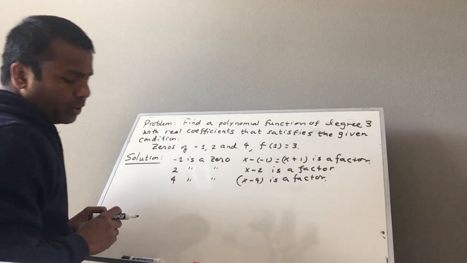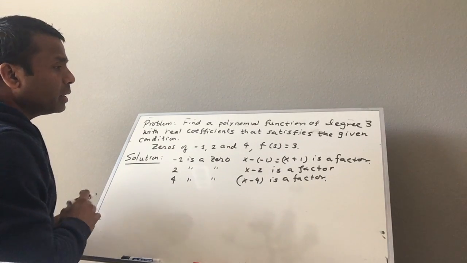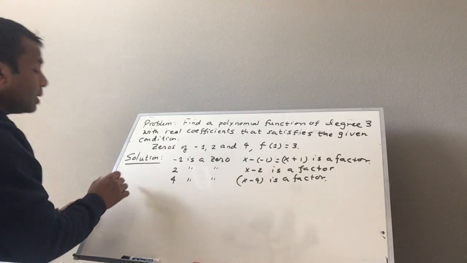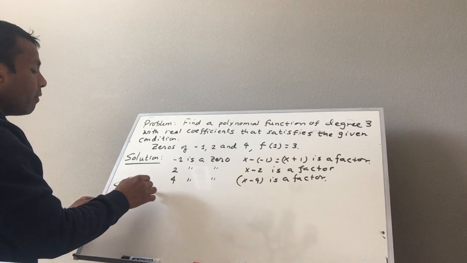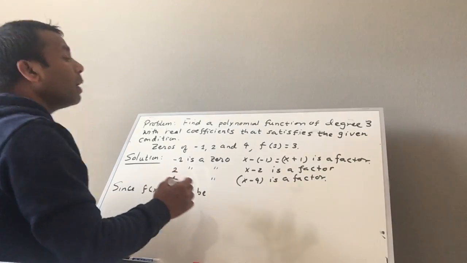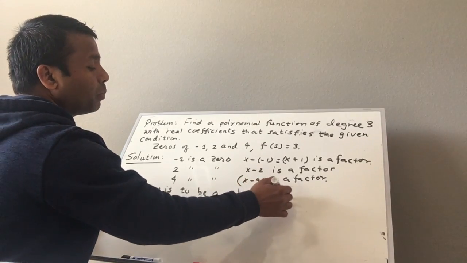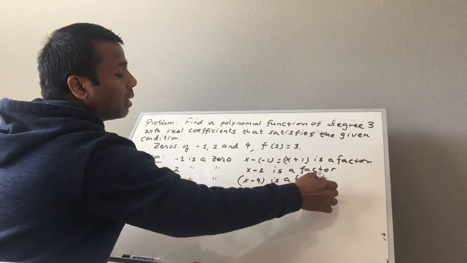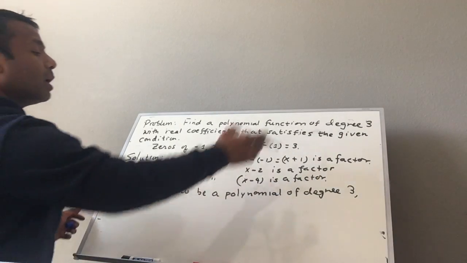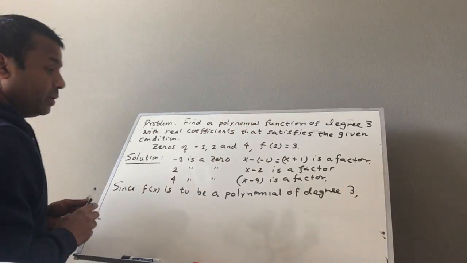Now, f(x) is a polynomial of degree 3, right? So what you need to know here is, since f(x) is a polynomial of degree 3, these are the only possible factors, because it cannot have more than 3 factors.